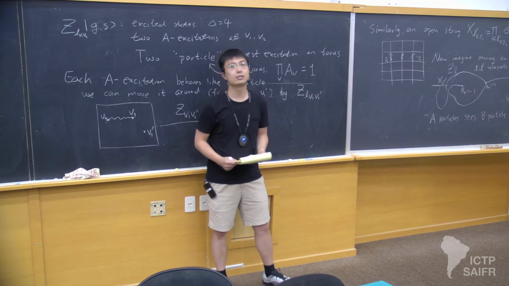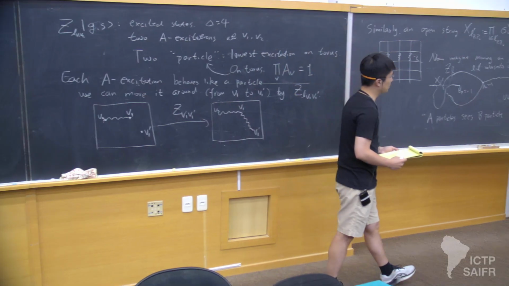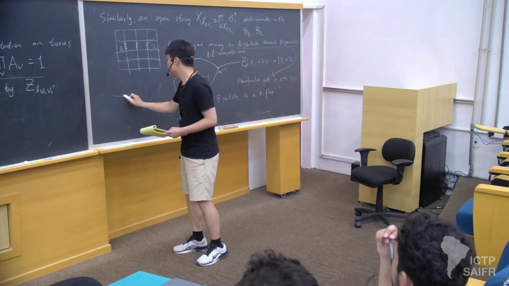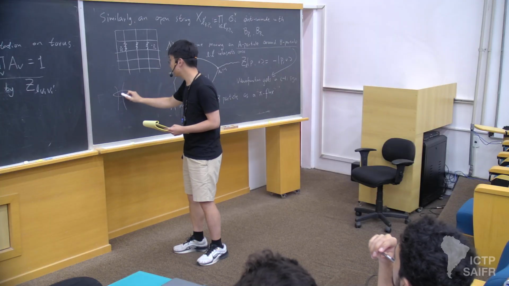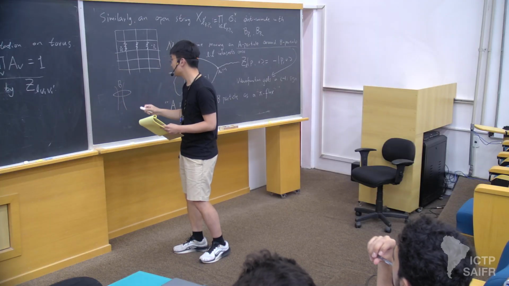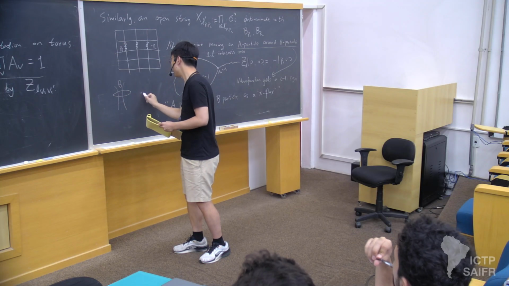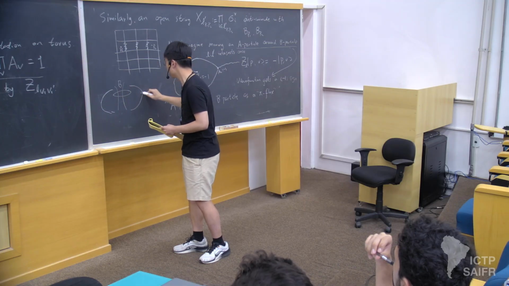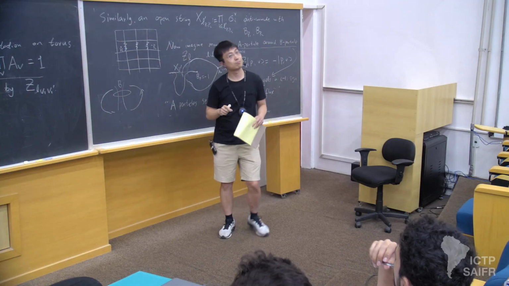Right? So if I think quantum mechanically about moving a particle around a magnetic field, let's say you have some magnetic field like this, and now you move a particle around this magnetic flux. You pick up a phase.